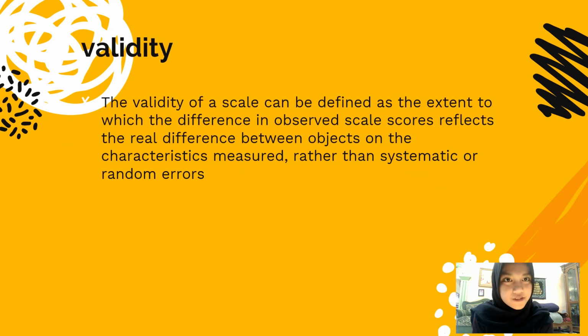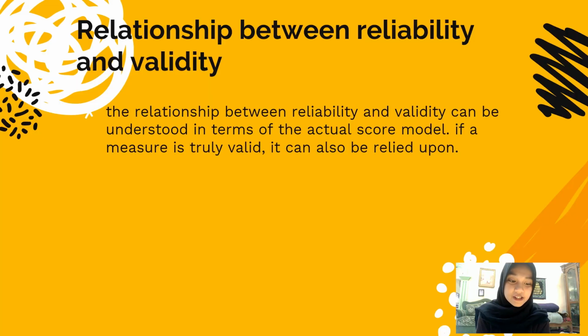And the next is validity. The validity of a scale can be defined as the extent to which differences in observed scale scores reflect the real differences between objects on the characteristic being measured, rather than systematic or random errors. And the next slide is the relationship between reliability and validity.